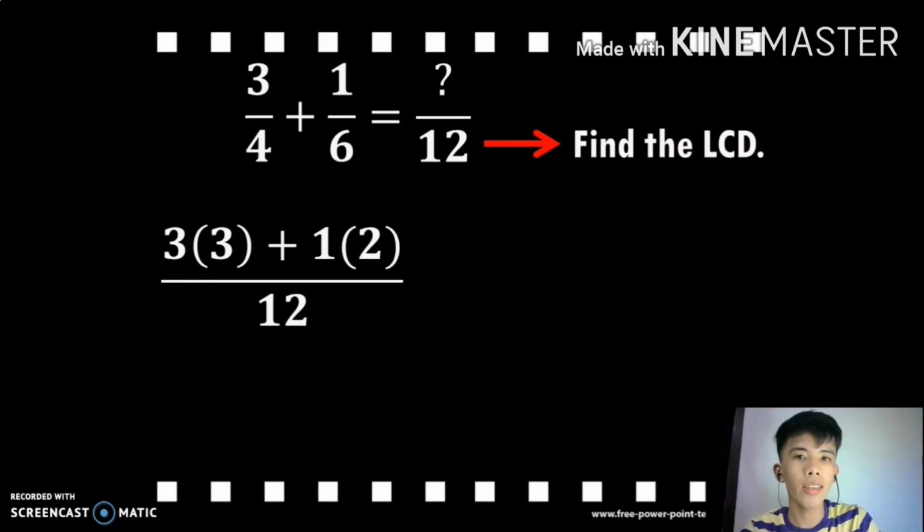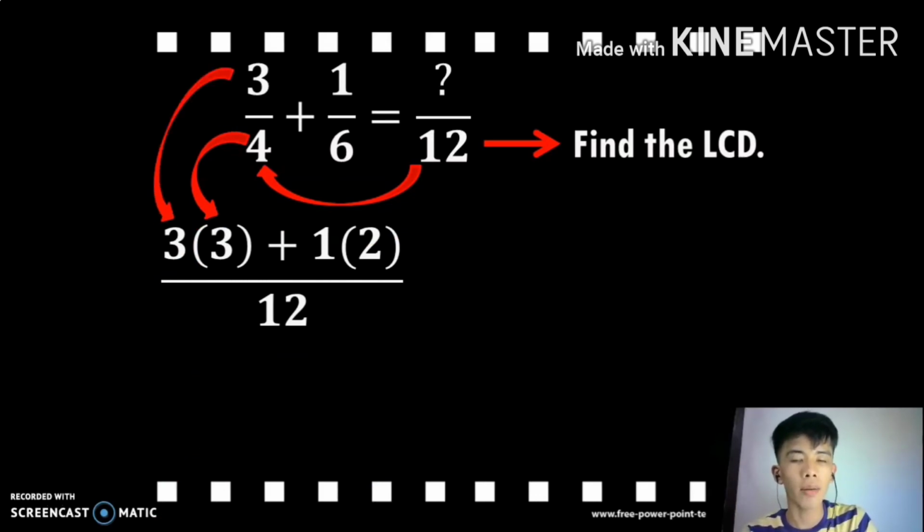After we find the LCD, next step to do, ayan. So, paano po nakuha yan? So, ang unang gagawin, 12 divided by 4. Then, yung sagot, susulat dun sa parenthesis which is 3. Then, yung numerator natin, i-multiply natin sa quotient ng LCD at saka ng denominator. So, 3 times 3 plus, okay, next.